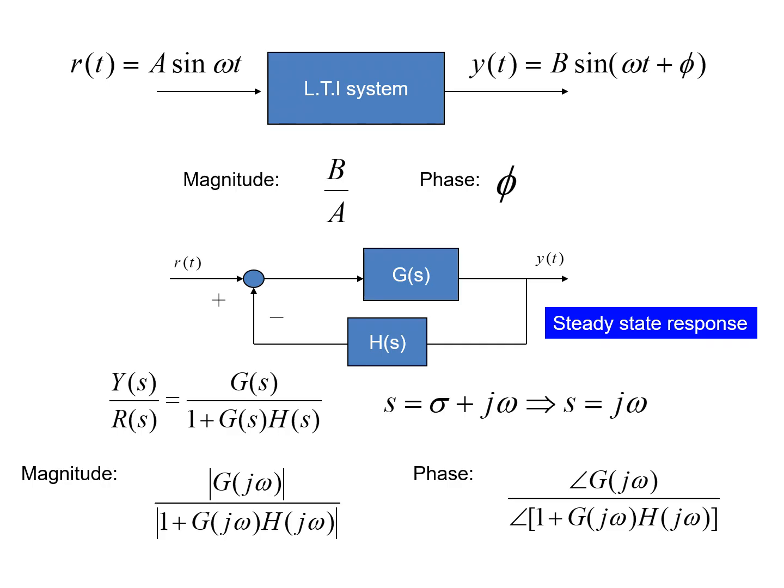The magnitude of this transfer function is the absolute value of G(j omega) divided by the absolute value of 1 plus G(j omega)H(j omega), and its phase angle is equal to the phase angle of G(j omega) minus the phase angle of 1 plus G(j omega)H(j omega). Okay, this is the magnitude and phase angle.